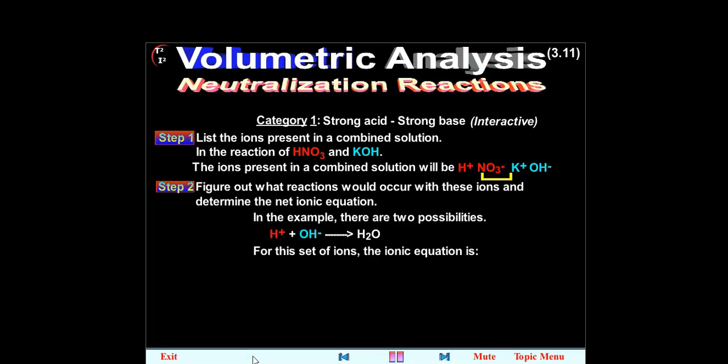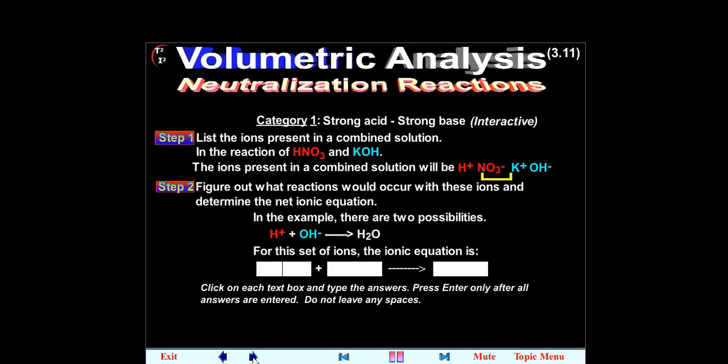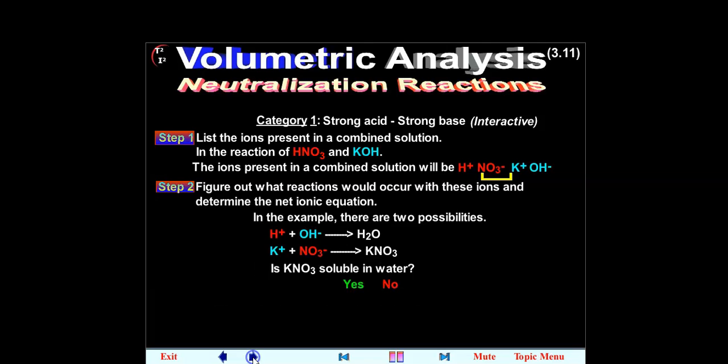The ionic equation with these ions is... Is KNO3 soluble in water? Yes or no? The answer is yes.